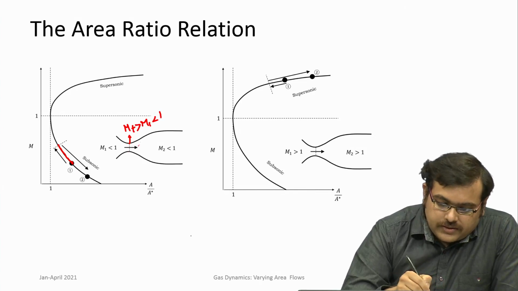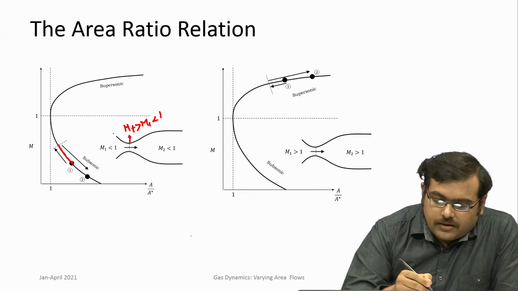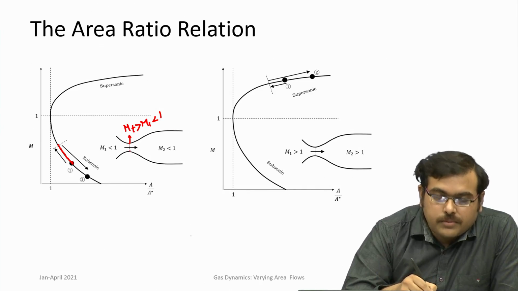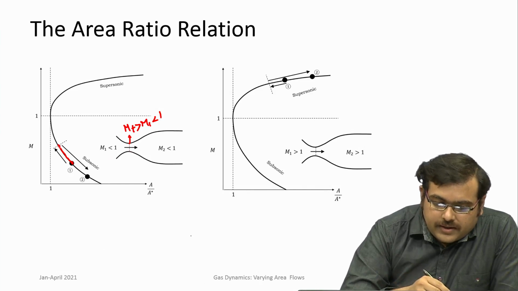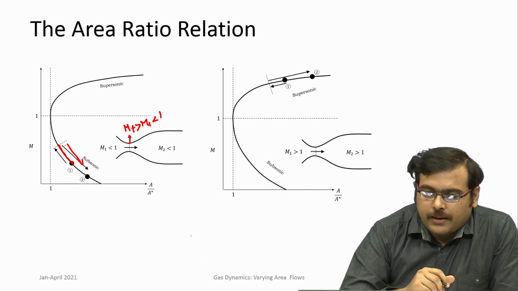So in that case if now the area is increased further, then the flow will not go supersonic because it is still subsonic at the minimum area. So it will decrease its velocity, so it will become subsonic again. So you see that various combinations can happen.